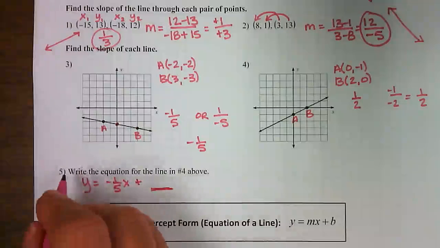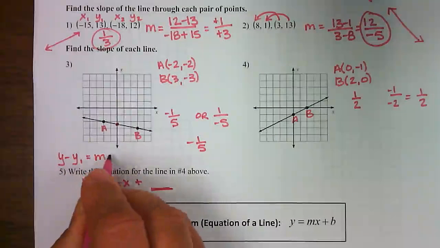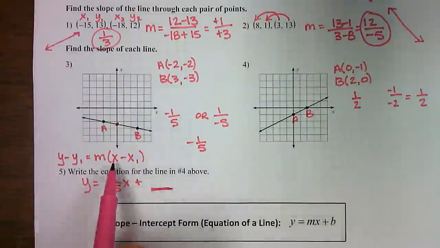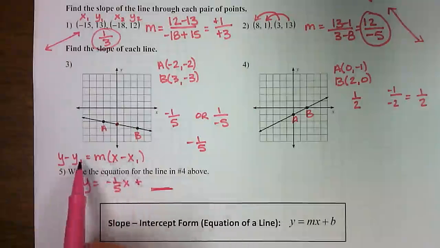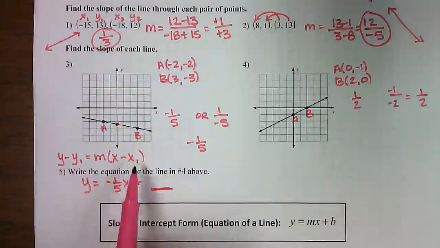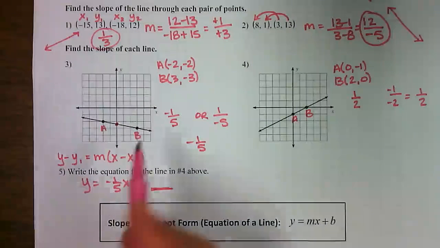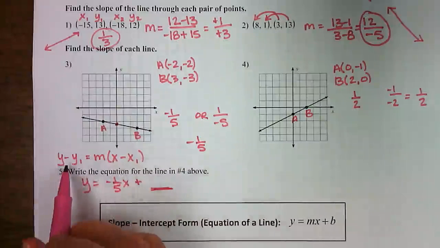So point-slope equation of a line is y minus y1 equals m times x minus x1, okay? We still need the x and the y in here to make the equation, but we're going to use one of the points to find out what this b value should be here. So I'm just going to use this first point, -2, -2, and I'm going to plug it in here.